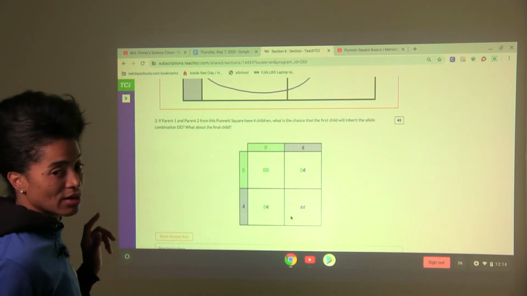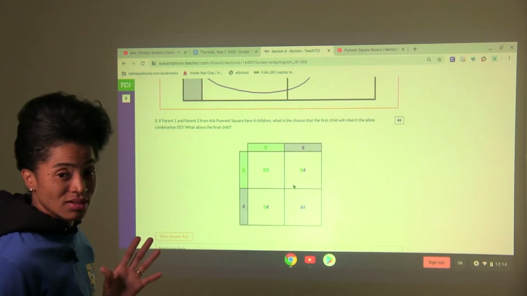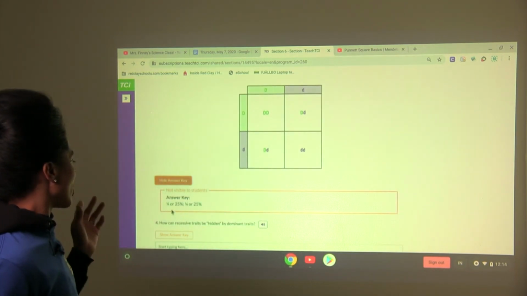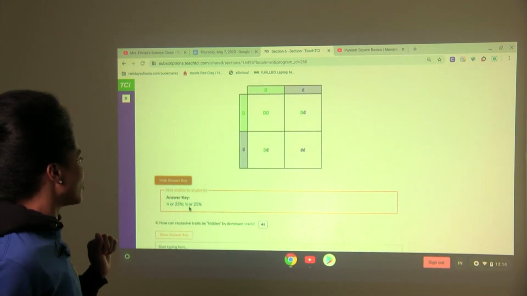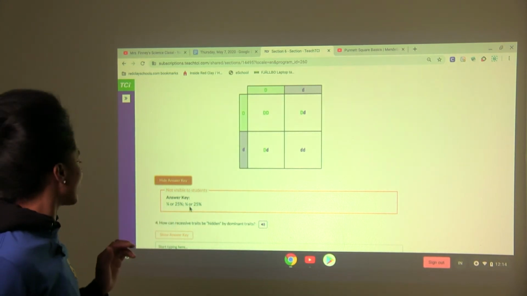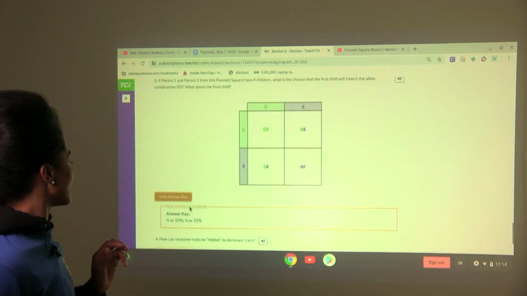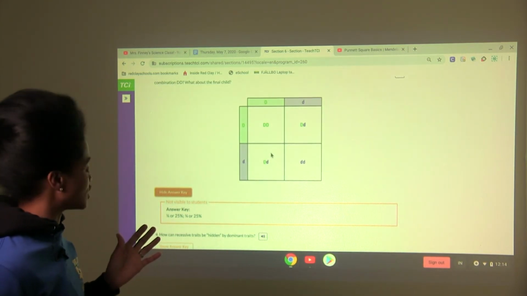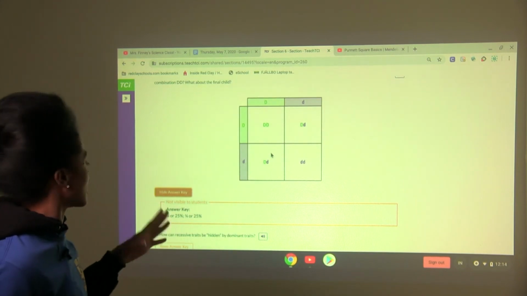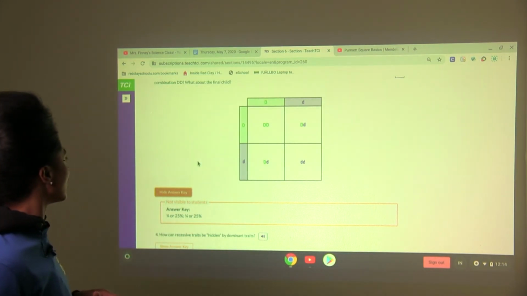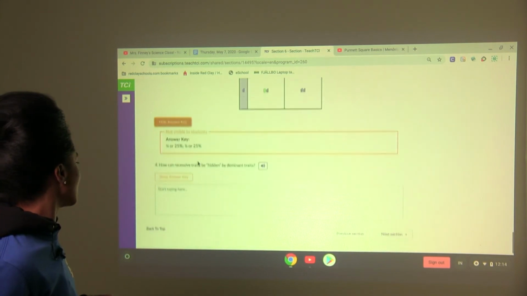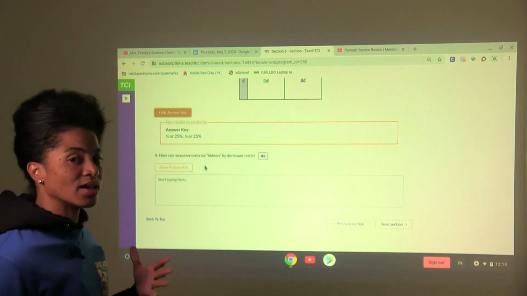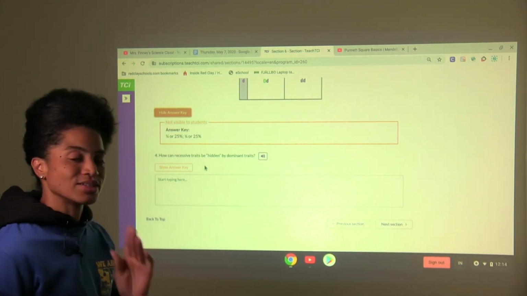Does it change with the children? 1/4 or 25% for the first child, as well as 1/4 or 25% for the final child. So that outcome doesn't change depending on the first child, second child, third child, however many children they decide to have. It does not change.